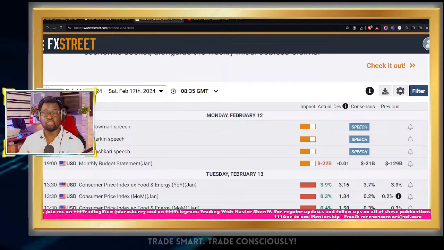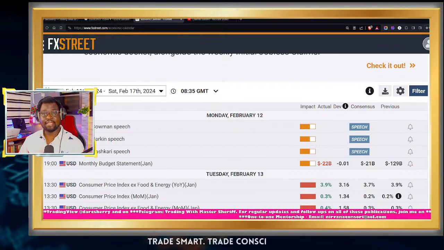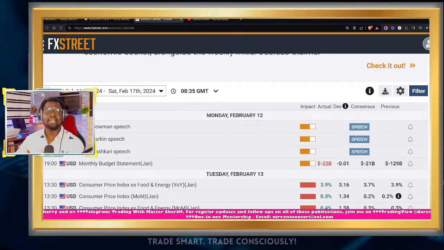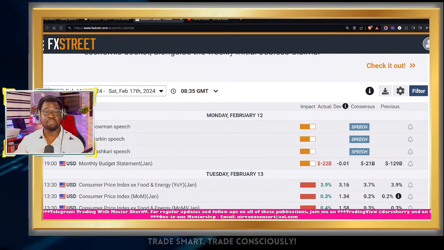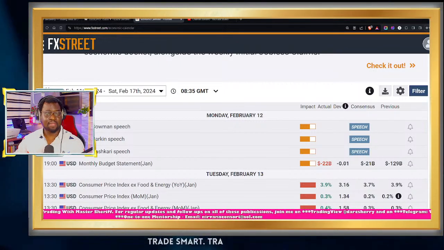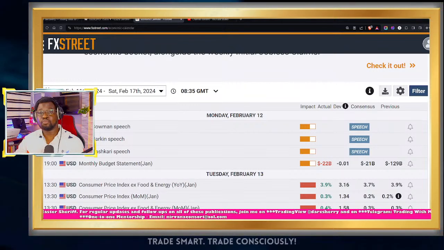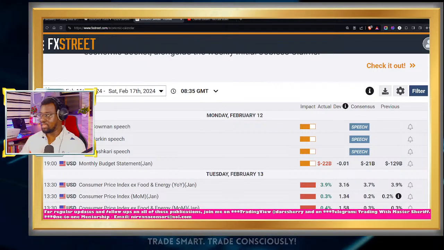Now, by monitoring the economic calendar, we can easily identify potential correlations between key economic releases and specific technical patterns on the chart, hereby giving us valuable information needed to position ourselves in such a way that we can capitalize on any potential move prior, during, and even after this economic event.